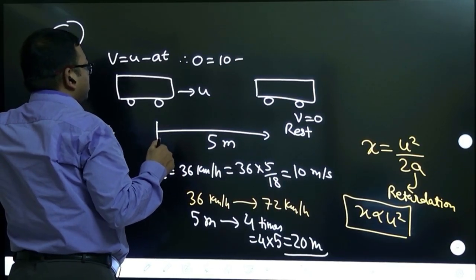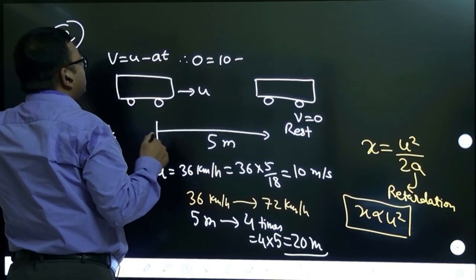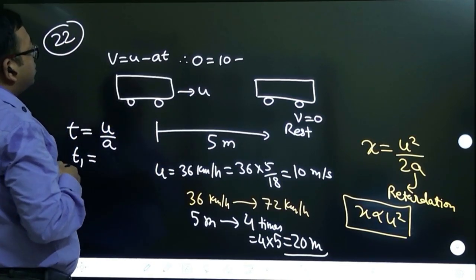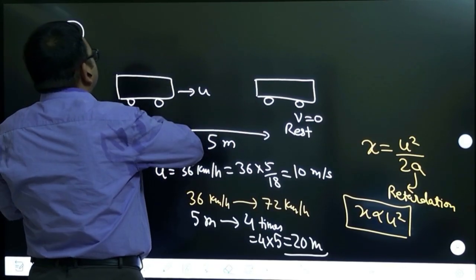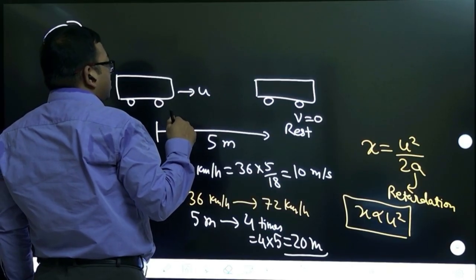The distance is given, so how do you calculate? Using ut plus half at squared.